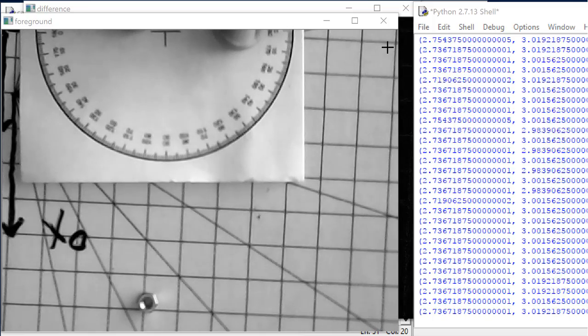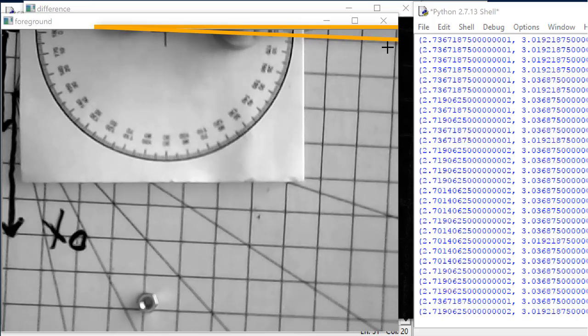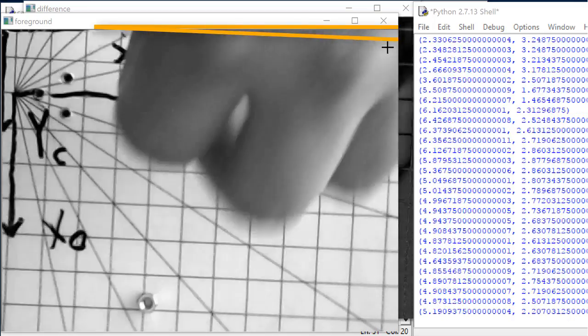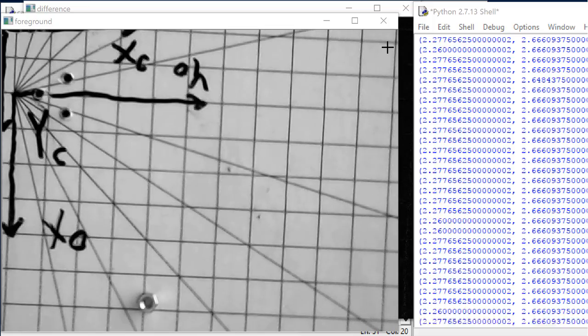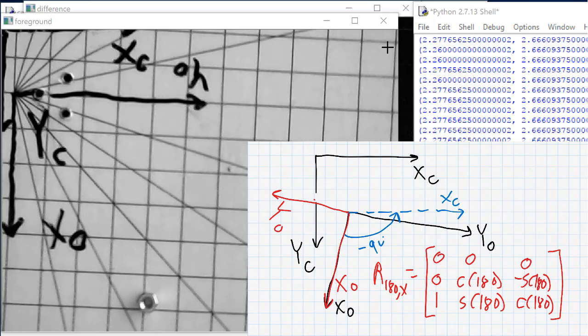Then I'm going to look at what angle it is between these two things here. It's not very much. It's a little bit less than 5 degrees, maybe 4 degrees or something like that. So we could get the 0 frame to match the camera frame by first rotating 180 degrees around x and then rotating about -94 degrees around z. Let's write that rotation matrix.